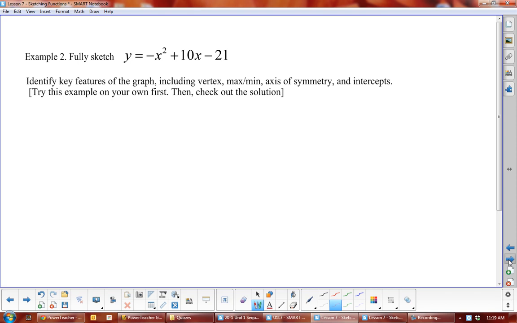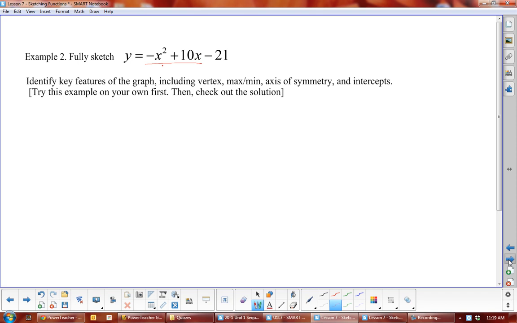Now, the first thing that we want to do is find the vertex. And the way we find the vertex is by completing the square. So the first thing you always do is look at the first two terms. You want to get rid of the coefficient in front of the x squared, but you must factor it out of both of those.